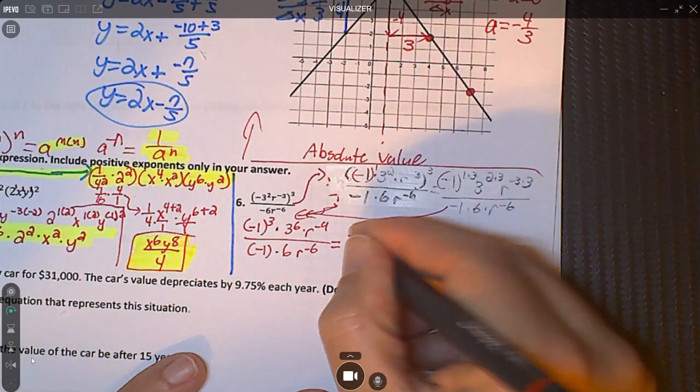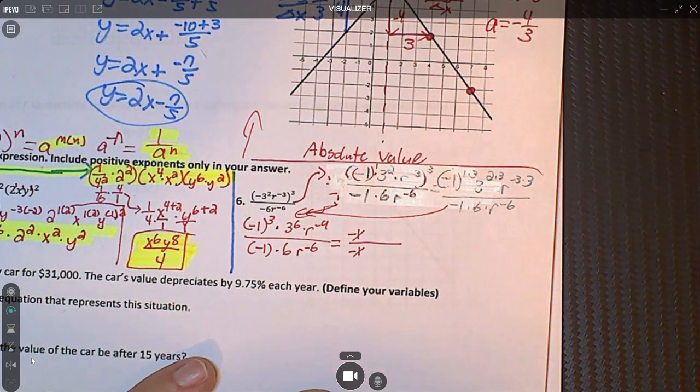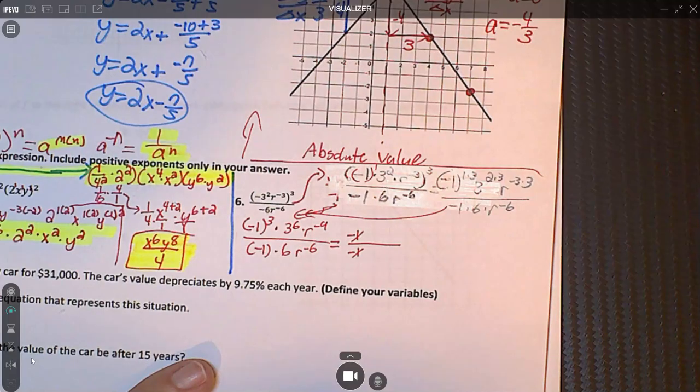So you can factor out those negative 1s. That leaves you at 3 to the 6. 3 times 3 is 9. 81 times 9, 729.